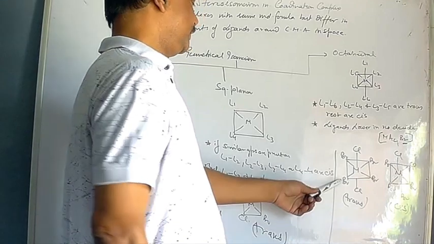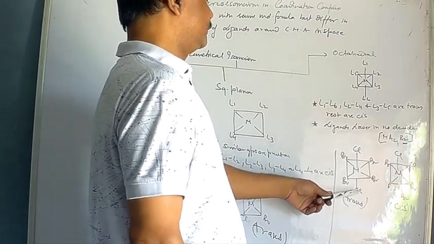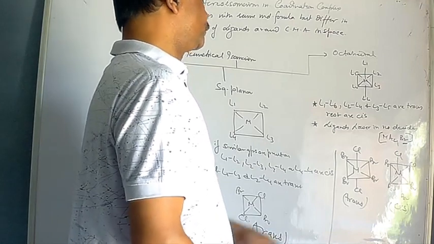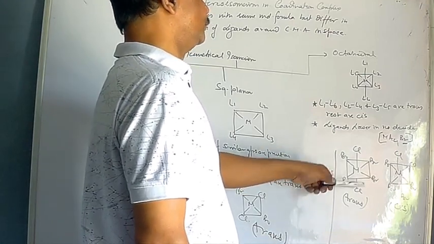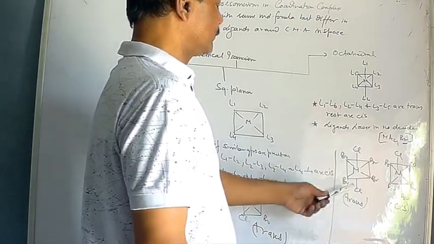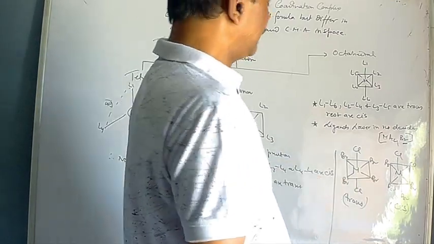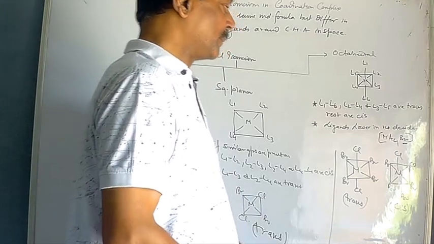So class, let us see here. We find that 2Cl and 4Br are surrounding 1 central metal atom, and since the 2Cl positions are just opposite to each other, one is up, the other one is down, Cl is going to decide here because Cl is lower in number, and hence it will be called trans.